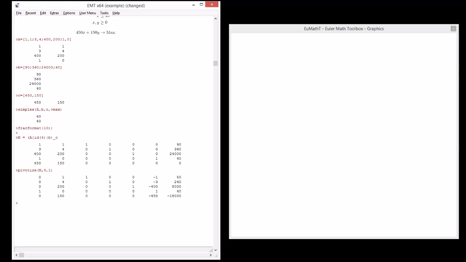Assume we make a mistake in the second command. We take the third row instead of the fourth, and we immediately see that we have non-feasible points. The right side must always be non-negative. We fix that by entering 4 here and pressing Shift Return.